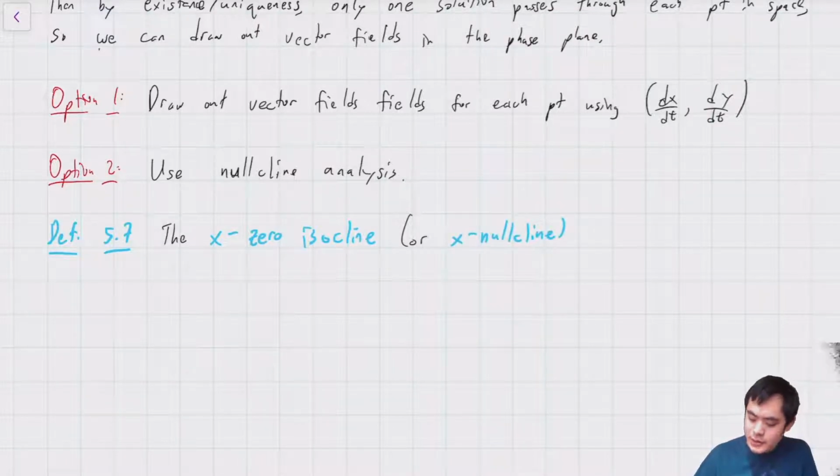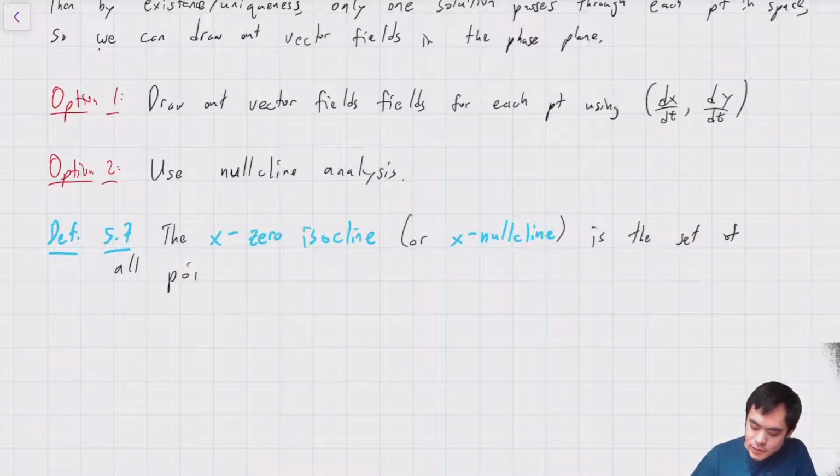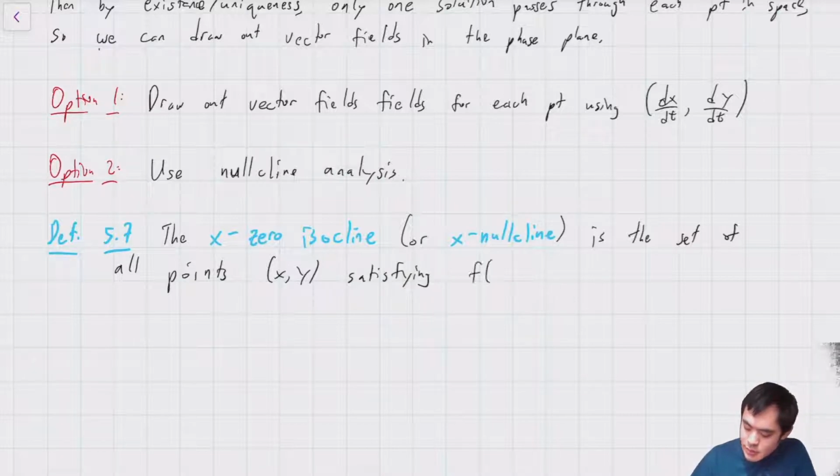So an isocline is just a, let me finish defining this first. So this is the set of all points x, y satisfying f of x, y is equal to 0.